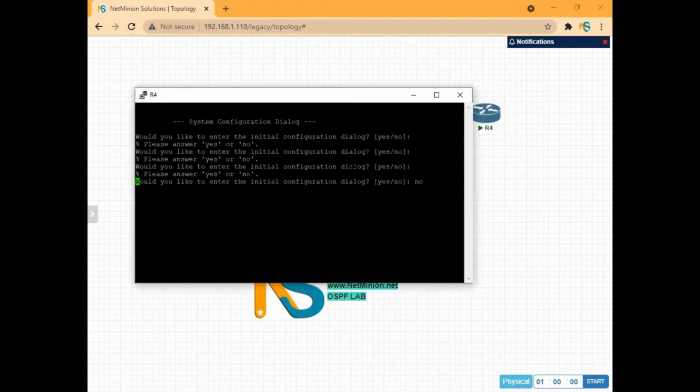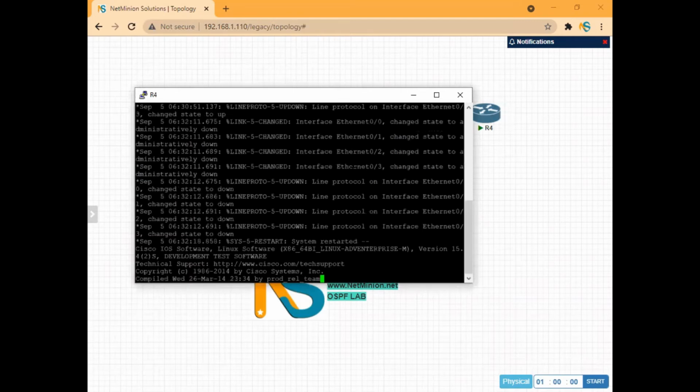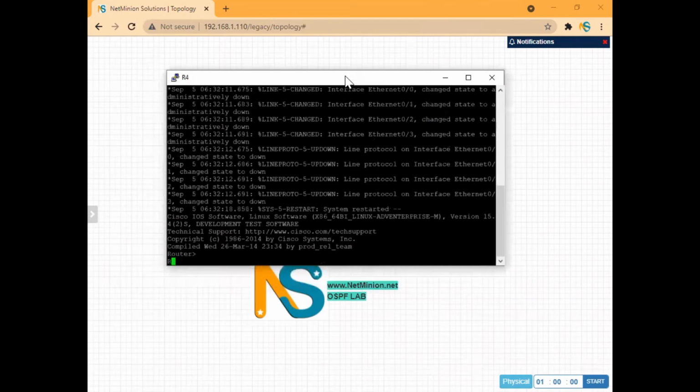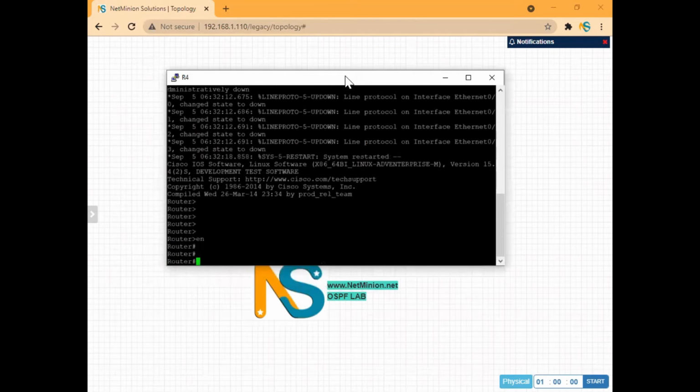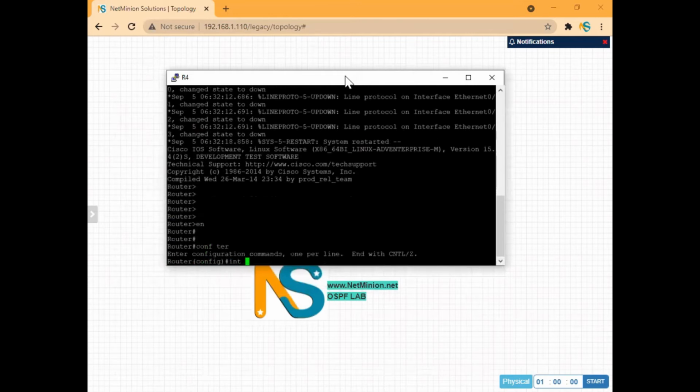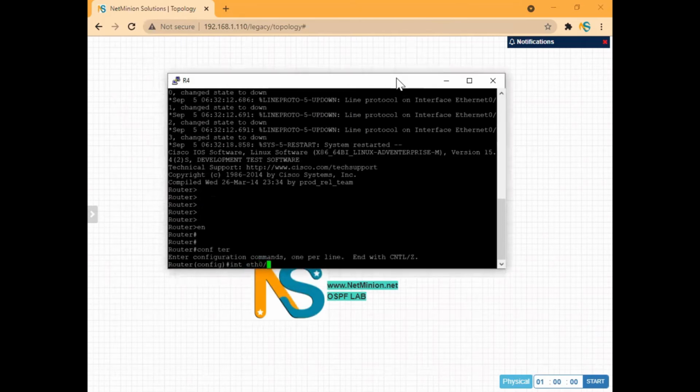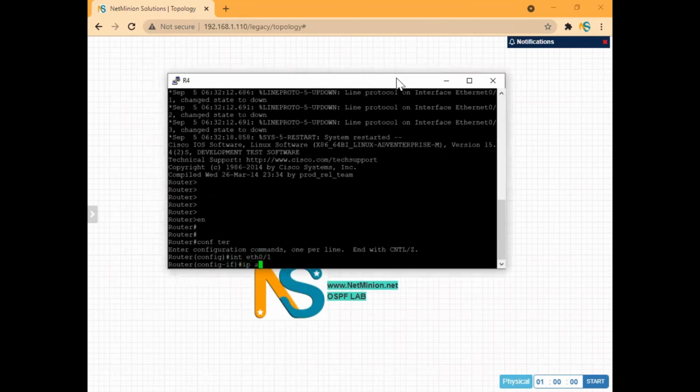Then maybe we can talk about it. Okay. Enable, config t, then the terminal, and then eth 0/1. I am going with IP address 14.1.1.